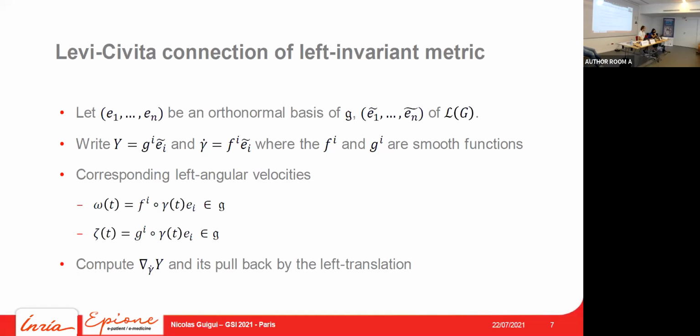And we define the corresponding left angular velocities that are the pullback of y and gamma dot. So these are quantities expressed in the Lie algebra that depend on time.